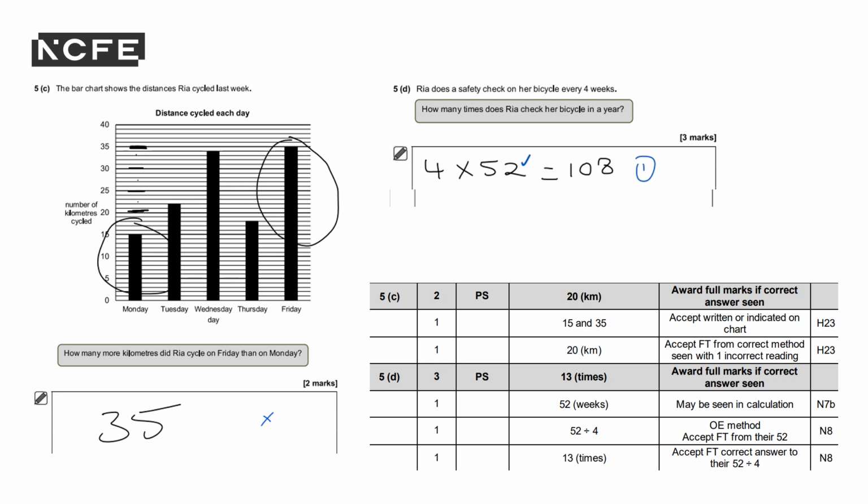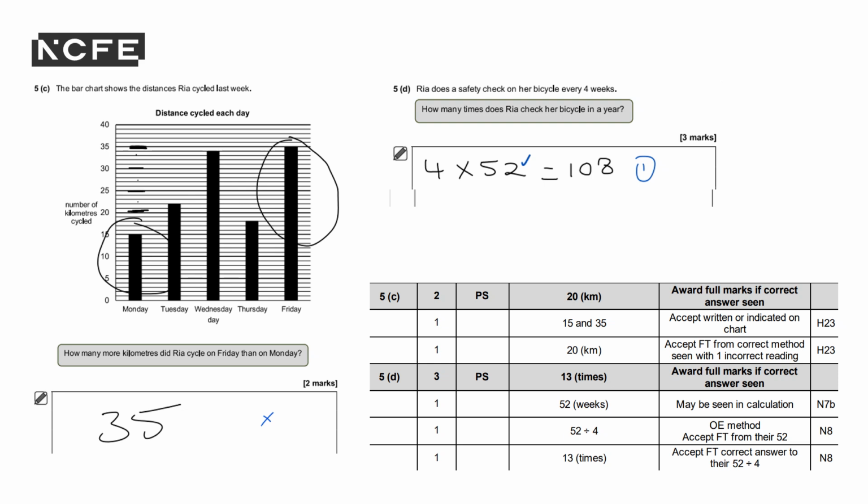That is correct. They have indicated those bars, so they've indicated the correct bars, but they haven't indicated the correct numbers. So you can see on the bar chart, we've got a sort of a thick black line for 35, and they've written that in the answer box, but there's no similar thick black line or anything to indicate 15. So unfortunately, they can't get that mark for indicating 15 and 35, and they haven't actually done the calculation to find the 20 kilometers either.